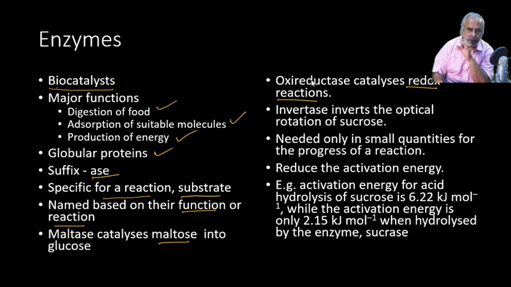Redox reactions are nothing but oxidation and reduction, which occur together. So these oxidoreductase enzymes catalyze the redox reaction, that is, oxidation of a particular reactant and reduction of another reactant.